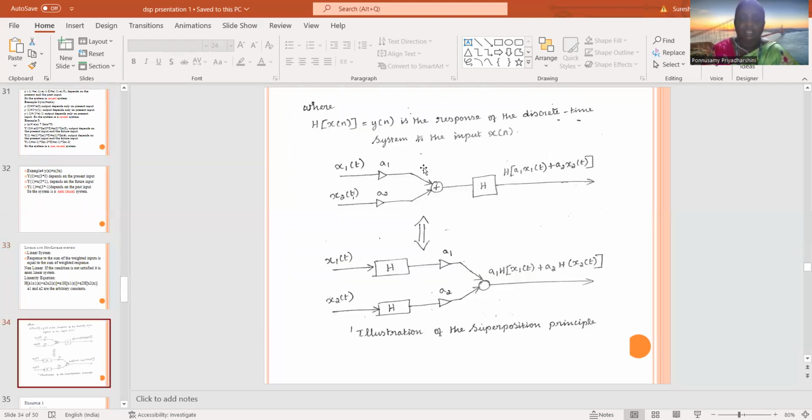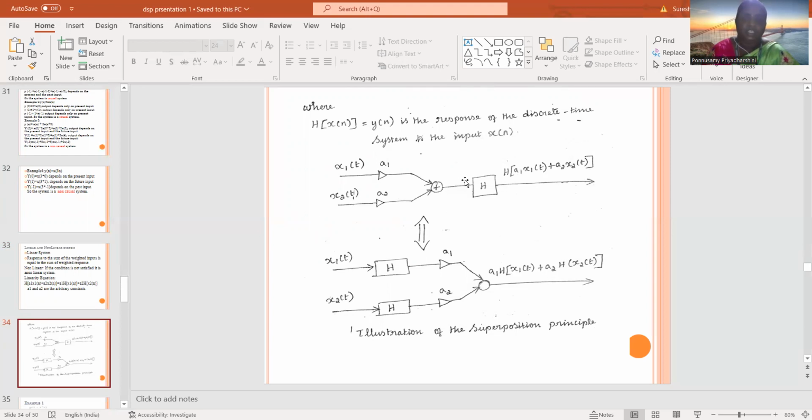Generally we can represent this with a diagram also. If I give two different inputs, x1 of t and x2 of t, add them together, and then take the transformation, and in the other path I do the transformation separately first and then add them together, both things have to be the same. This is nothing but our superposition principle.